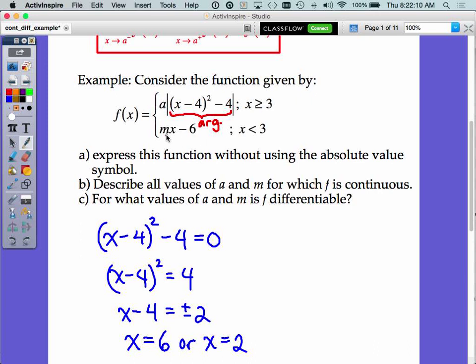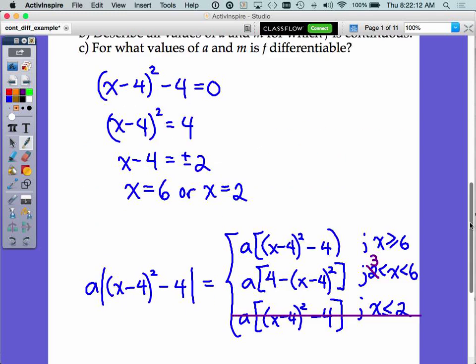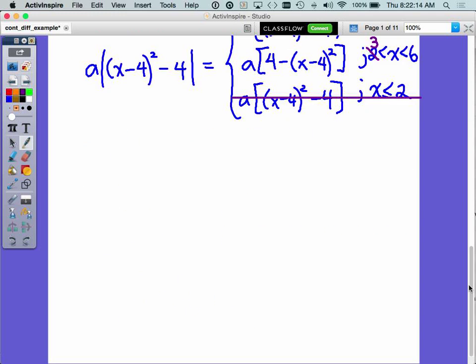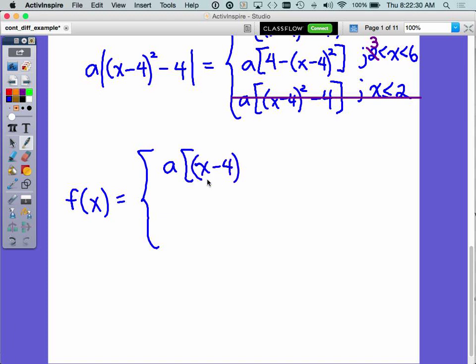So now I can rewrite f at x the way that it should be. And so f at x is going to be the piecewise defined function. At the top, it's what we have up here, so a times x minus 4 squared minus 4 when x is greater than or equal to 6.